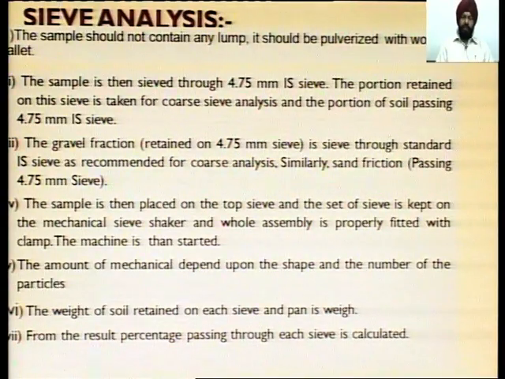The amount of shaking depends upon the shape and the number of the particles. The weight of soil retained on each sieve and the pan is weighed. From the result, the percentage passing through each sieve is calculated.